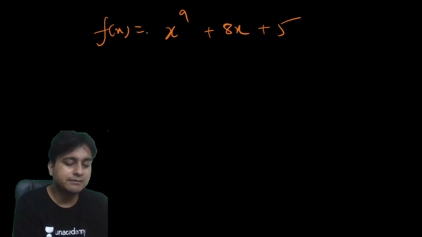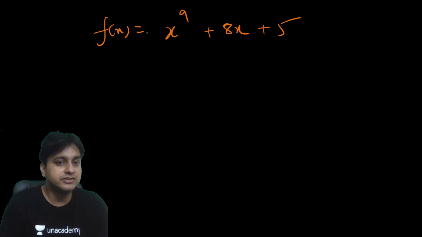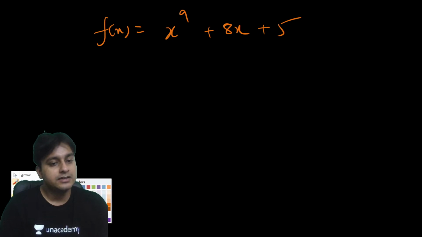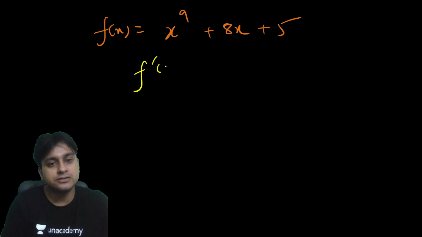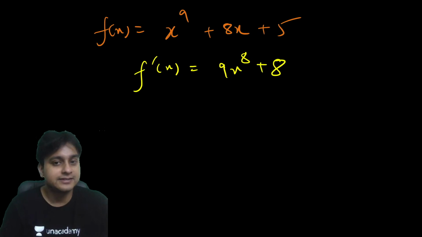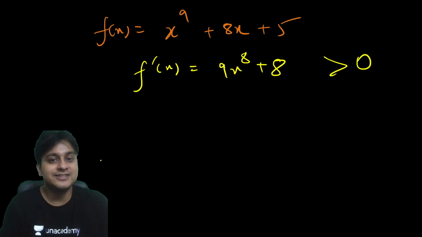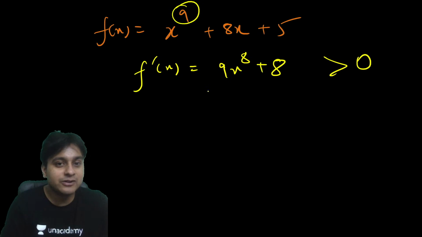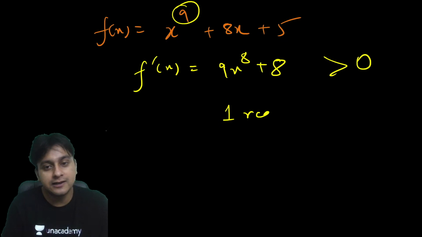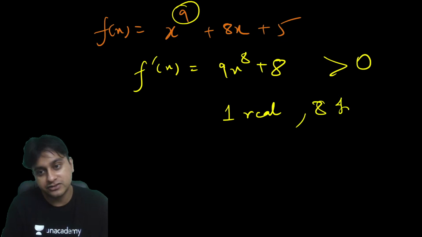No need to mug up those concepts. I am telling you, differentiation. Best. If you differentiate, what will you get? Tell me f dash of x. Can I say 9x power 8 plus 8? Will this always be greater than 0? Yes. So guys, total 9 roots. You will say 1 real, 8 imaginary.